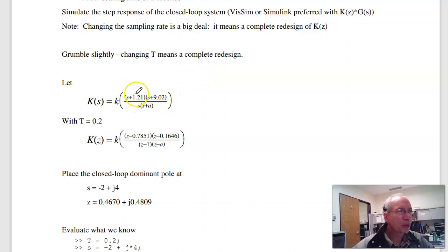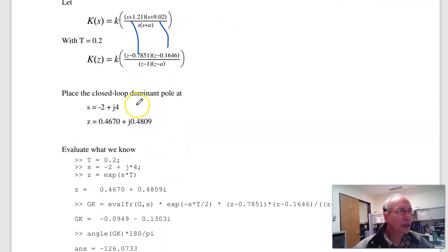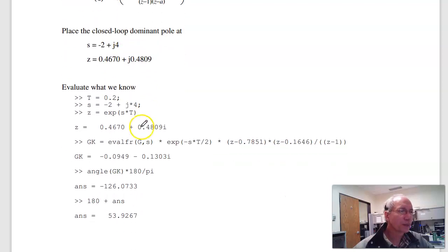I want to cancel the poles at minus 1.2, minus 9 in the S-plane, convert to the Z-plane. If t changes, the zeros change. Add a pole to the origin. The second pole, I don't know where it goes. My design point is now minus 2 plus j4 S-plane, no change. Z-plane, this does change because t changed.